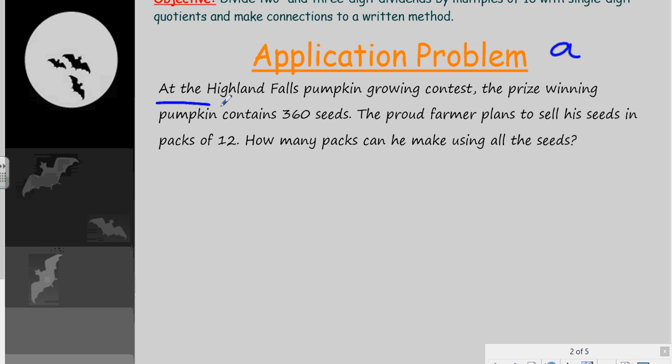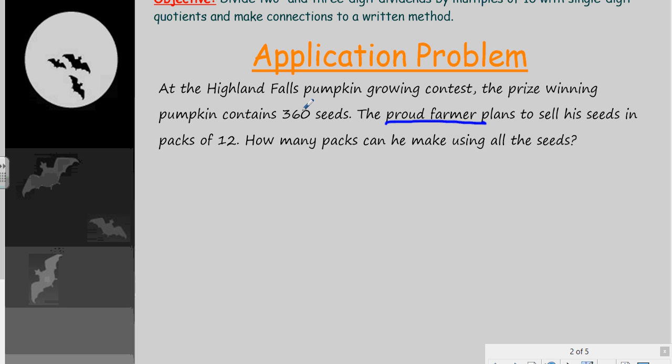Now, it says here, at the Highland Falls Pumpkin Growing Contest, the prize-winning pumpkin contains 360 seeds. I'm assuming it's a growing contest, so this proud farmer plans to sell his seeds in packs of 12. Oh, from the pumpkin that he grew.